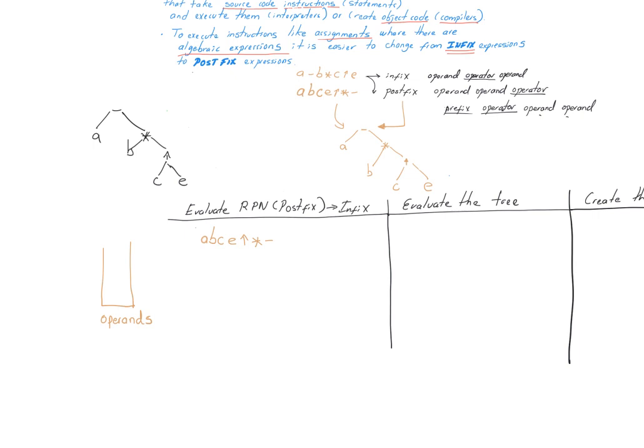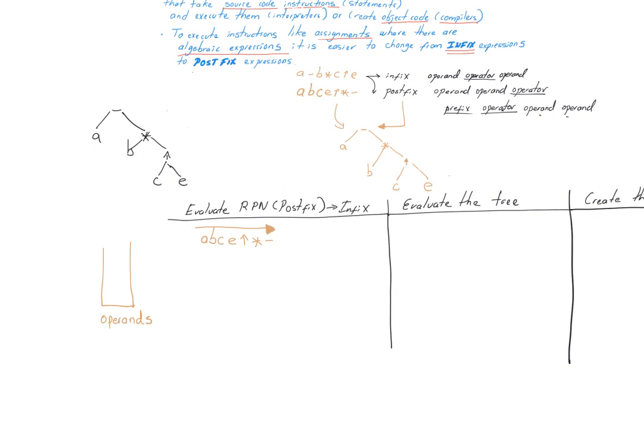Again, we read from left to right, and this is what the compiler would do if we wanted to just try to evaluate the expression. Well, yeah, it would be an interpreter. The interpreter would do this. The compiler would just create the object code.